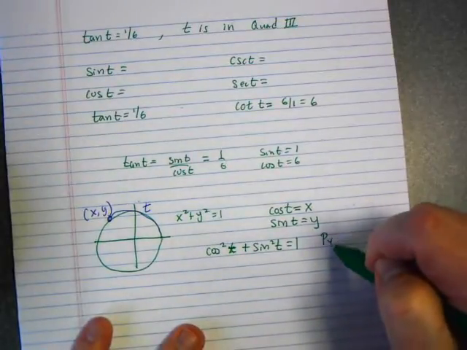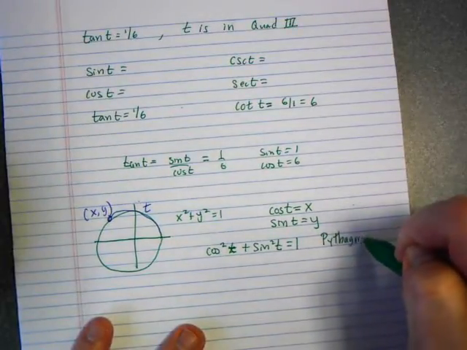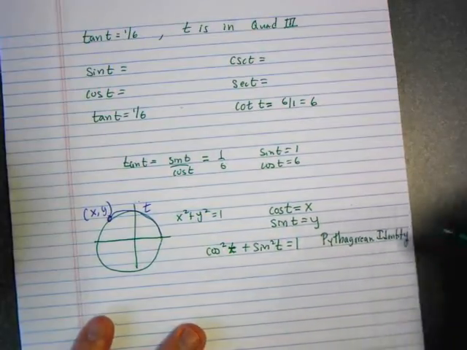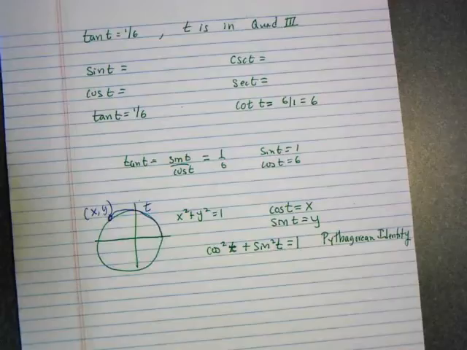This is called the Pythagorean identity. Why is it called the Pythagorean identity? Because it actually comes from the Pythagorean theorem. And we'll see it again when we talk about triangles. We will talk about triangles yet.